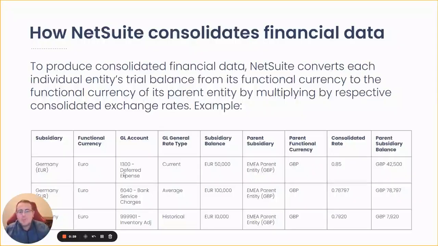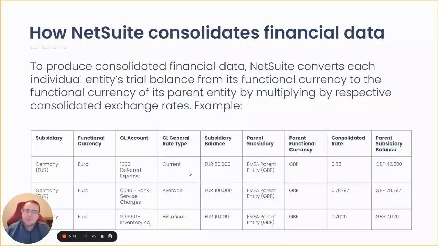We can see an example below here. So for our German subsidiary, whose functional currency is euros, we have a number of account balances outstanding at the end of the month. We have 3 different accounts. Each account is measured at a different consolidated exchange rate.